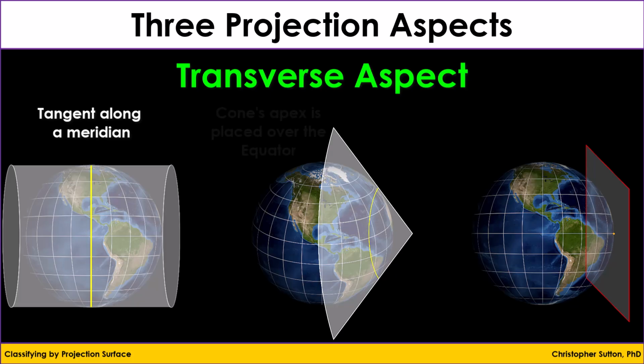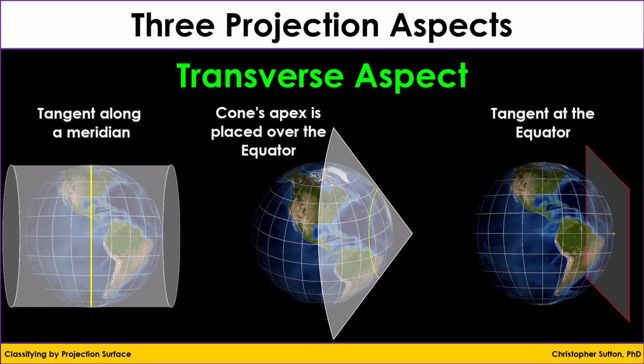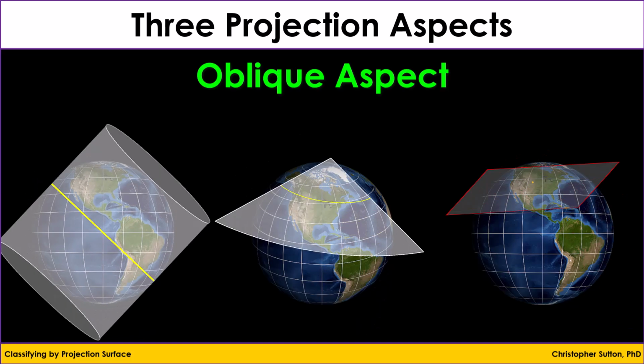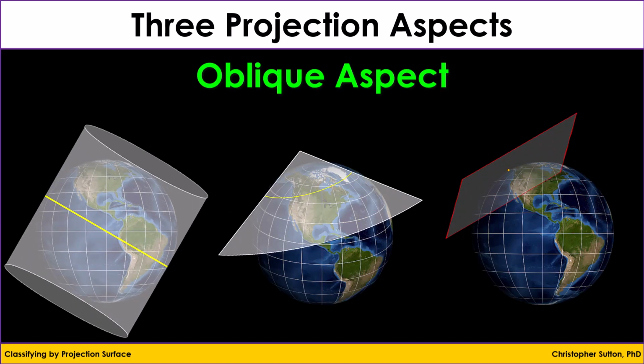A conic projection is oriented so the apex of the cone is above the equator, and a planar projection will touch the reference globe at the equator. The final aspect is the oblique aspect. In this aspect, the developable surface is oriented at an angle that is neither parallel nor perpendicular to the rotational axis. How do we see these projection aspects used in mapping?